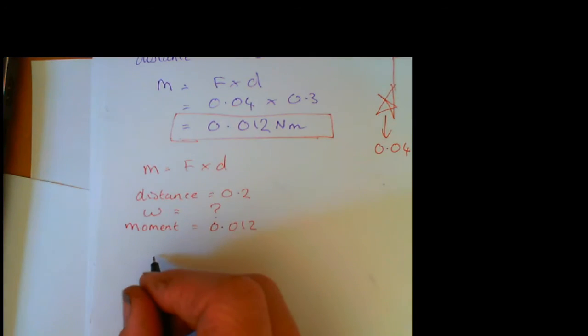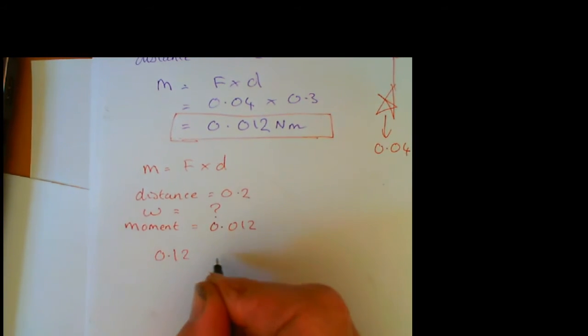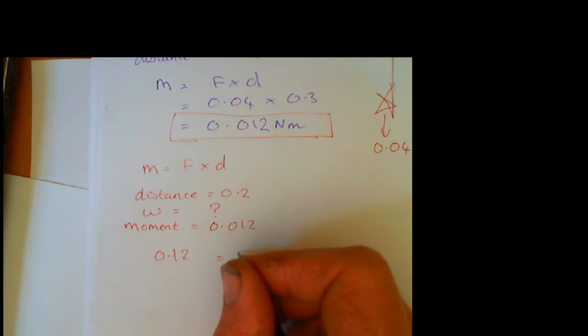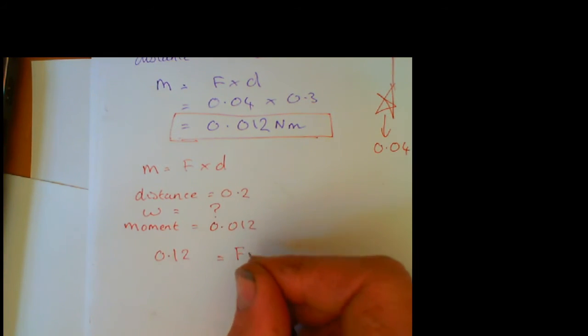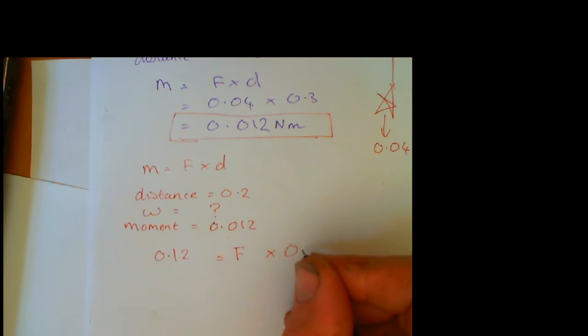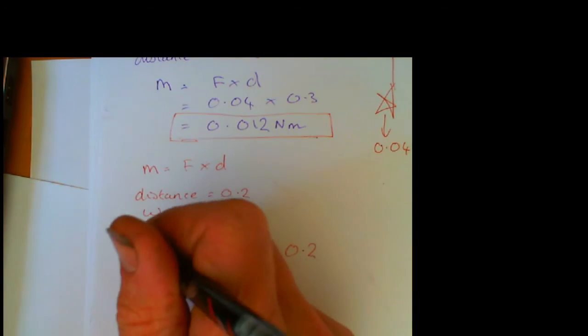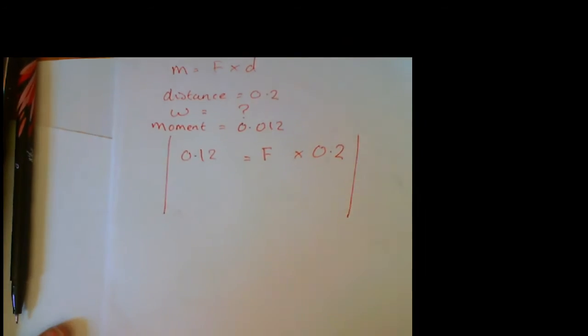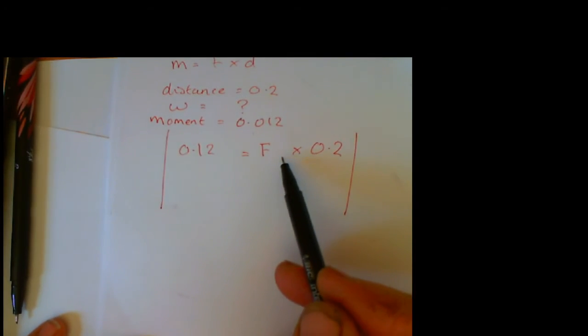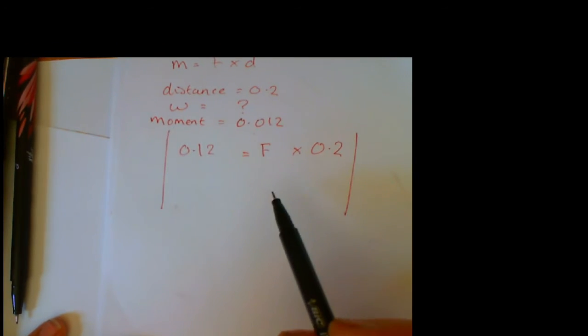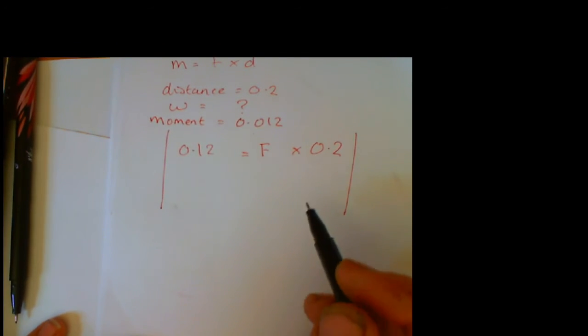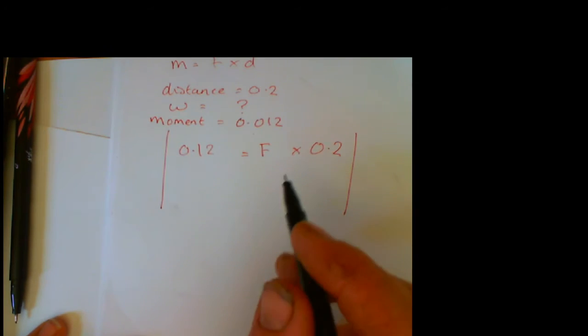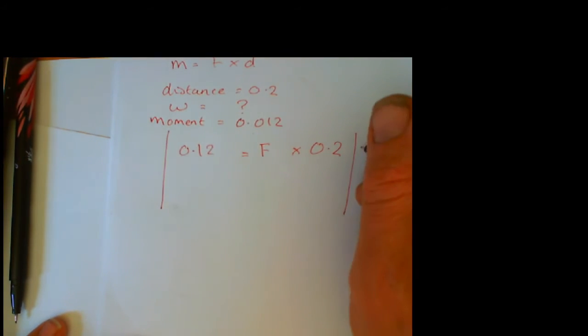So I'm going to go 0.12 equals the force, which we don't know, times by the distance, which is 0.2. I'm then going to put my tram lines either side. Now I want to know what F is. I don't want to know what 0.2 of F is, so I need to get rid of this 0.2. So in order to get rid of that 0.2, I just want to have F on its own, so I'm just going to divide by 0.2.